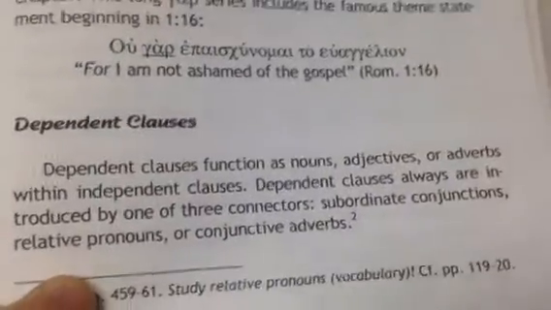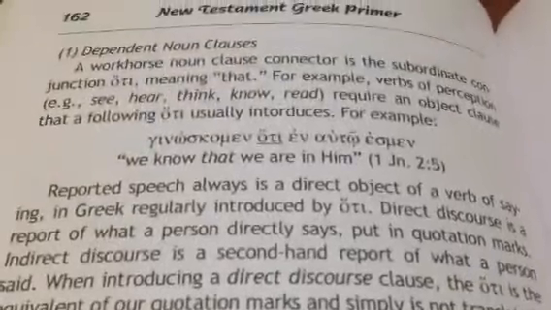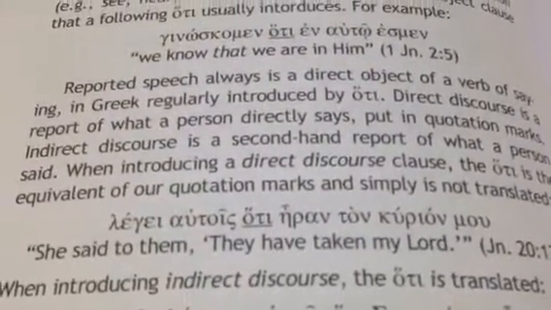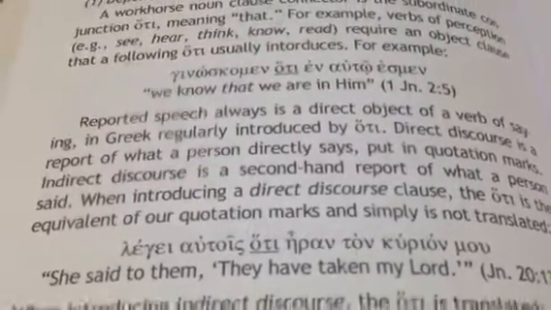And now dependent clauses, of course, they depend on an independent prior clause, and so you glue those together with specific words like hoti. We know that, she said to them, and then there is an introduction to an open clause.